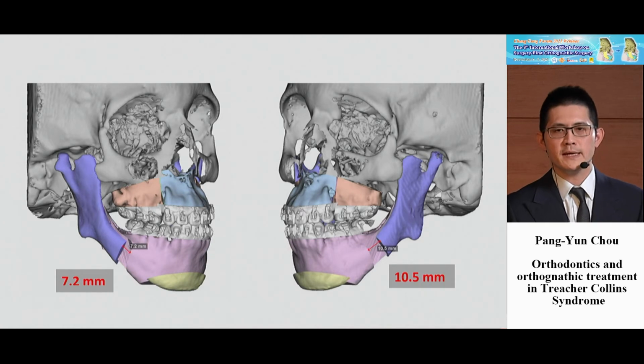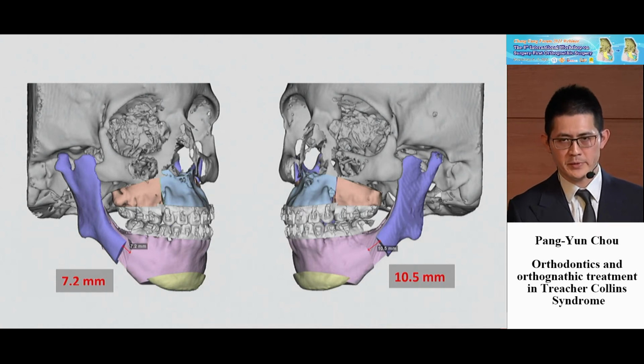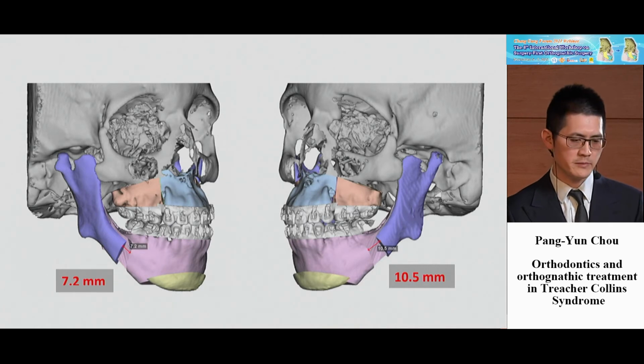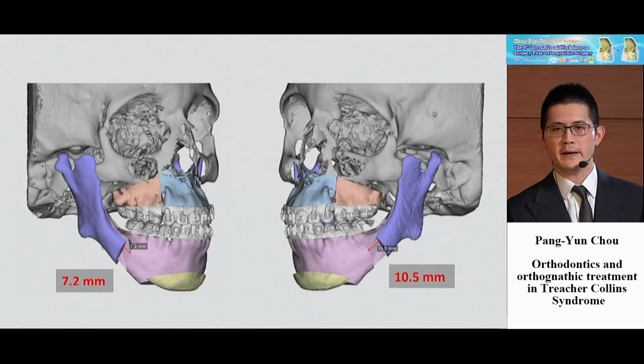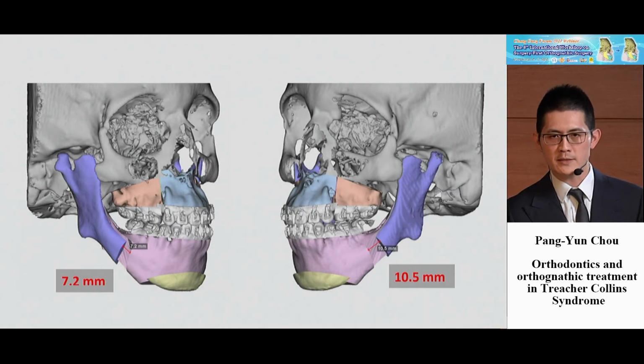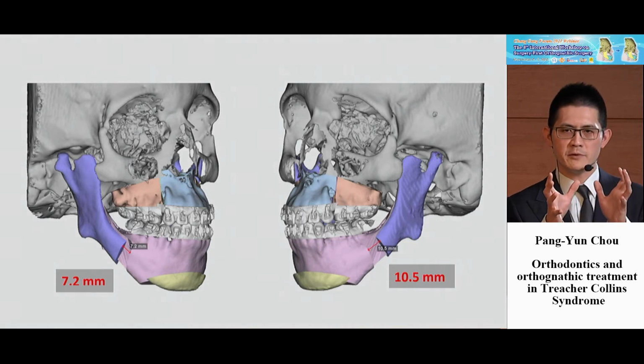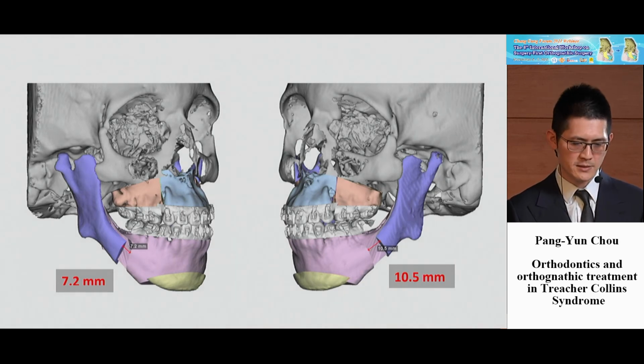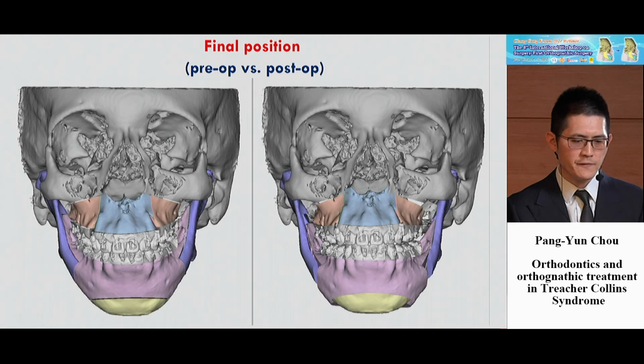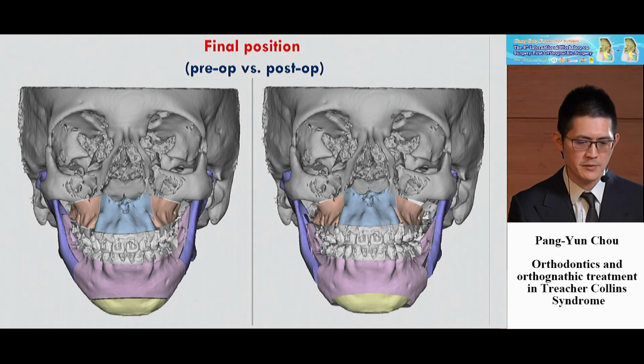All of these three make up a tripart surgery in our daily routine procedures at the Chang Gung Medical Center. From this view, in our plan the right side advancement of the mandible is 7 millimeters, and the left side is 10 millimeters. So the complex will be a little bit yaw rotated for this patient's demand. The final position is shown here.